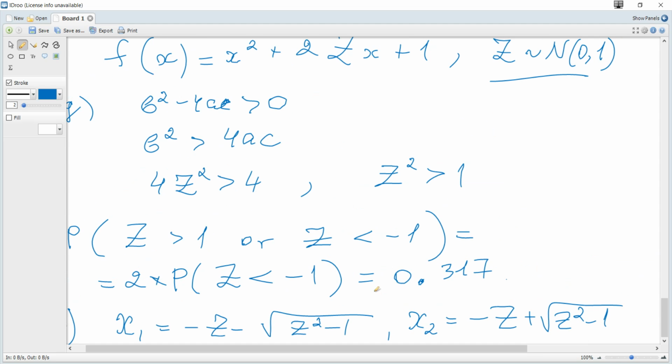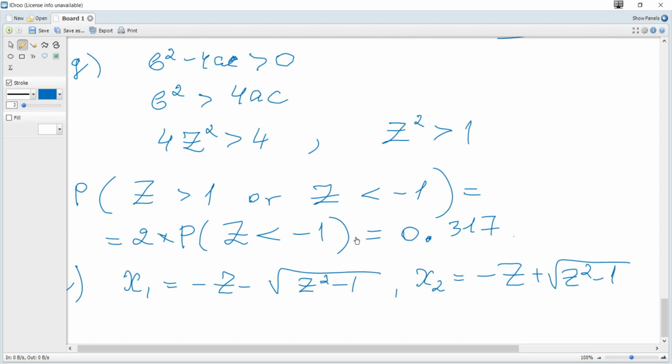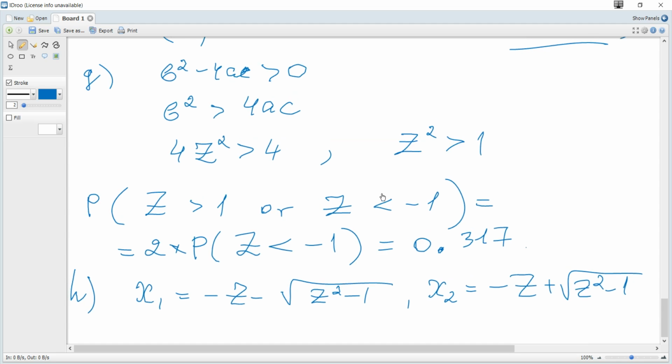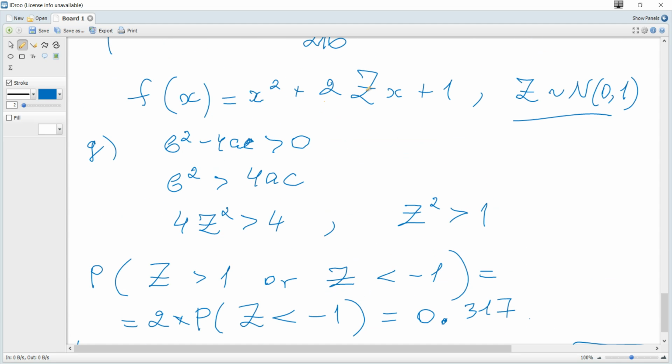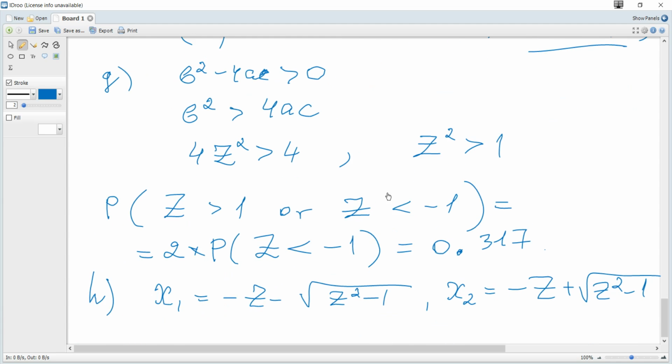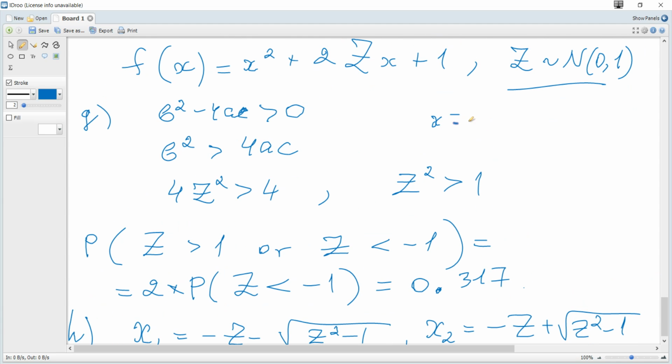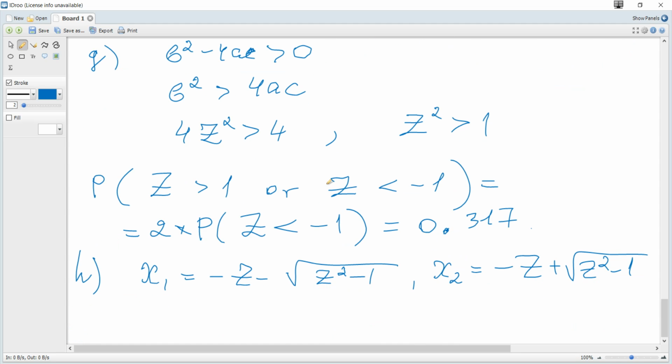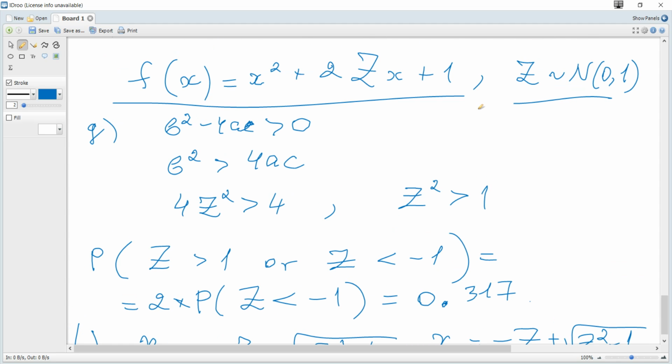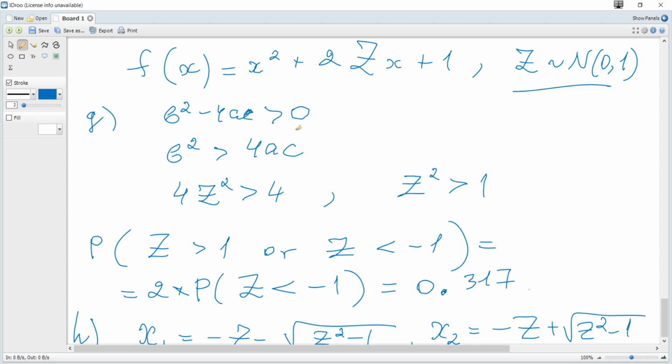You may notice these x1 and x2 are just roots, using our usual formula for roots: negative b minus root d over 2a, and negative b plus root d over 2a. So x1 and x2 are just the roots of this quadratic function.